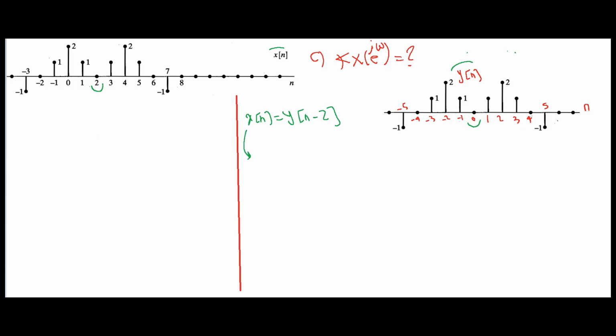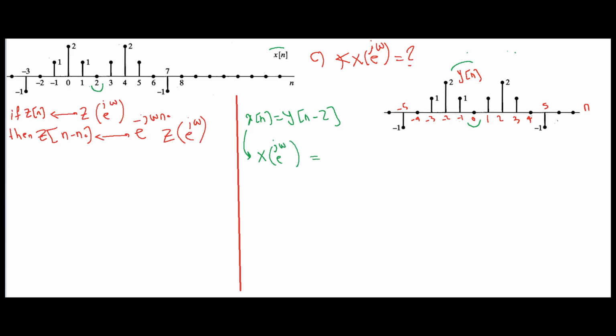Now, in the frequency domain, the Fourier transform of x[n] is X(e to the power j omega). Using the time shifting property, the Fourier transform of y[n minus 2] is e to the power minus j 2 omega multiplied by Y(e to the power j omega).